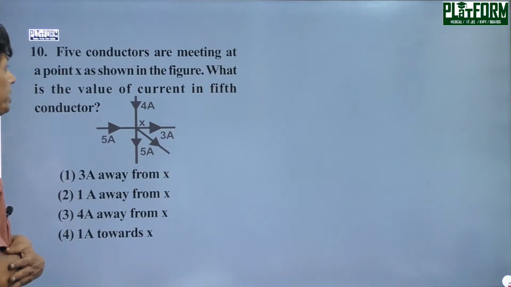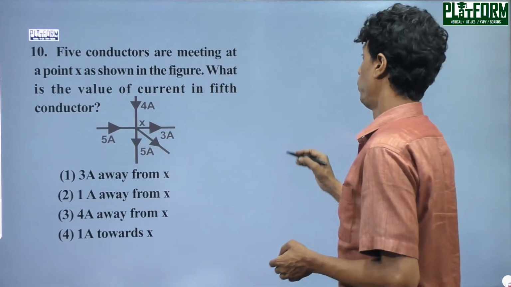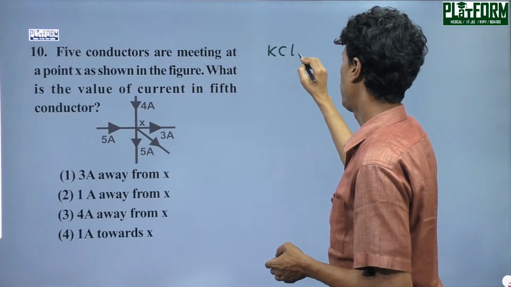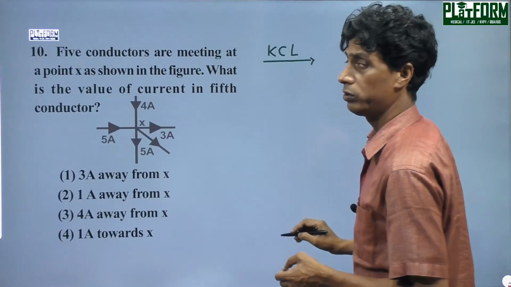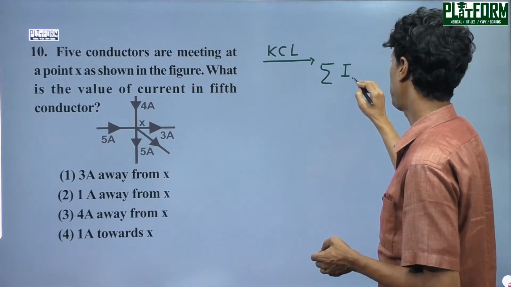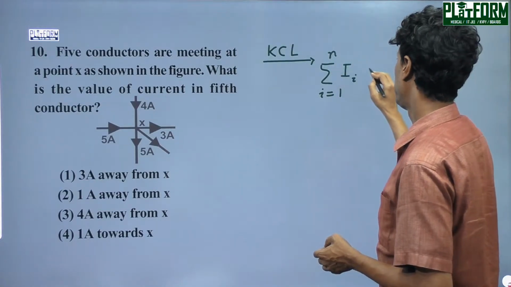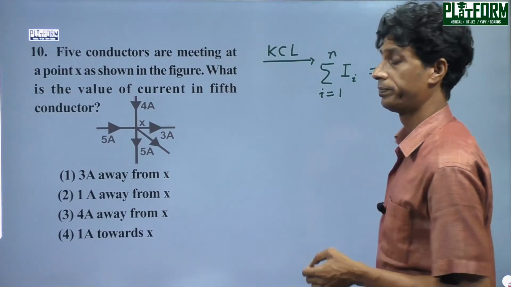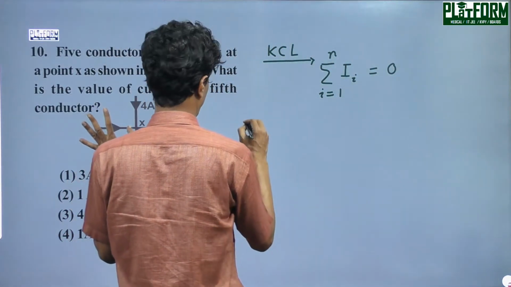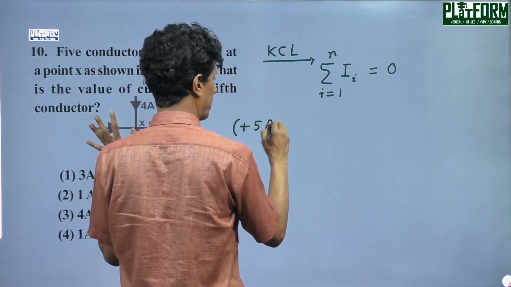5 conductors are meeting at a point as shown in figure. We know, according to KCL, Kirchhoff's current law, the algebraic sum of current at any junction is equal to 0. So here 5 ampere current is entering as per the diagram given.